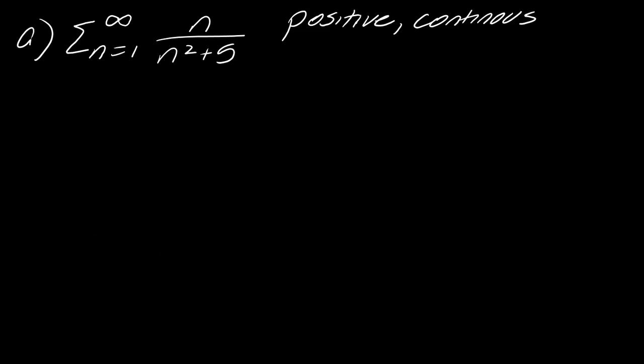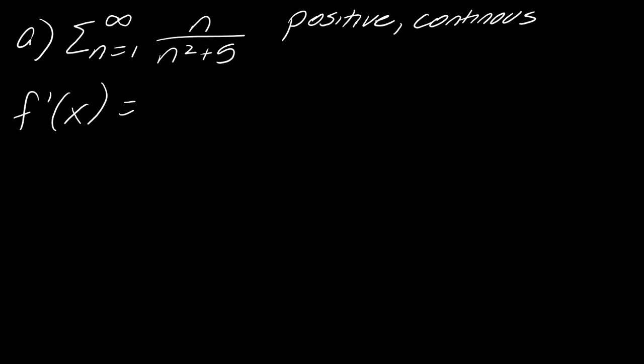And if you aren't sure where it's increasing or decreasing, then you have to go back to the good old first derivative test. So if I let my f of x be this function here, so just pretend that it's all x's, I do need to take the first derivative. And the only way to take this first derivative is from our old friend, the quotient rule.